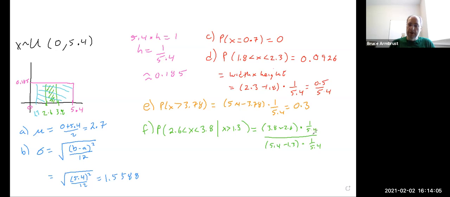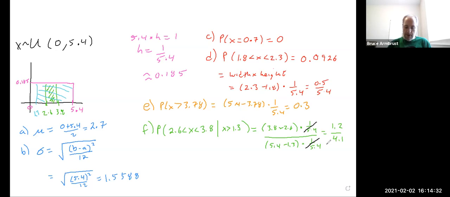But since it's uniform, you'll notice that these guys cancel. And so all we really need to do is just take a difference of the endpoints in the interval to get the length of the interval. So this one's 1.2. The other one is 4.1. And we can just divide those guys.